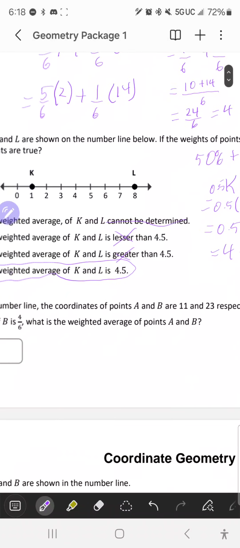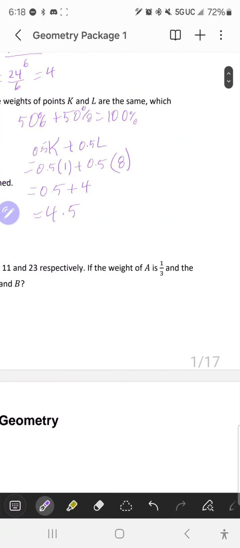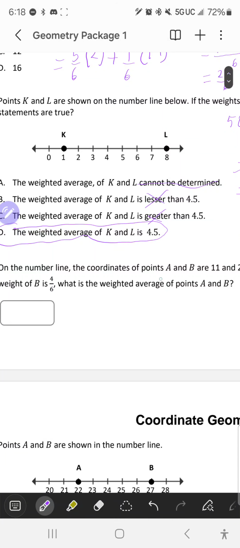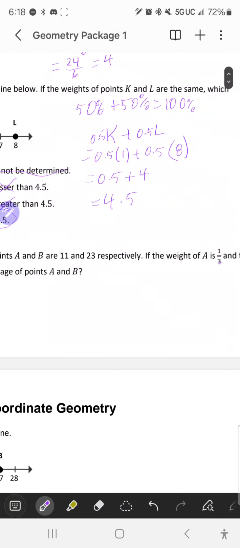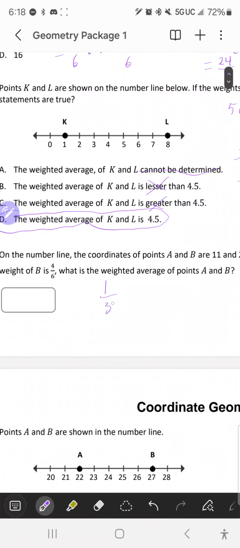The difference is that, as I mentioned earlier, they have different denominators. But this is kind of an easy example. So we know that the weighted average is going to be 1/3, as it says here, of A plus 4/6 of B, as it says here.